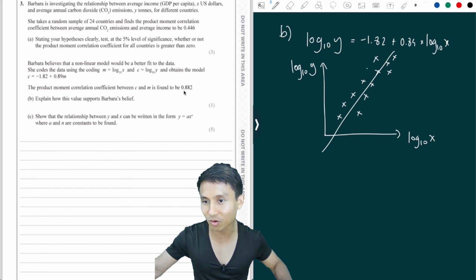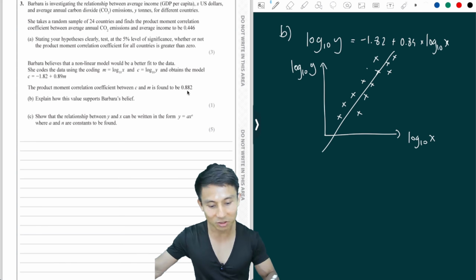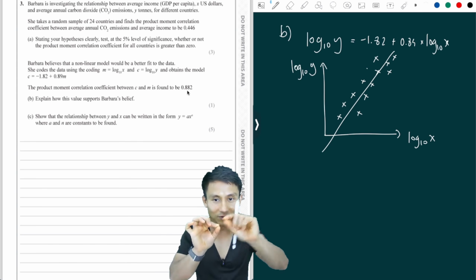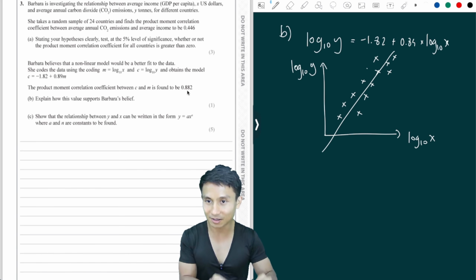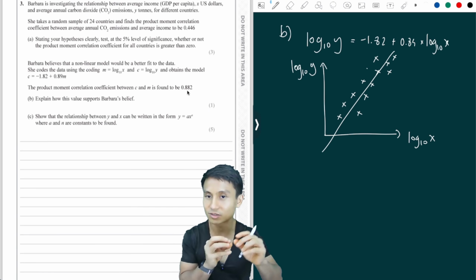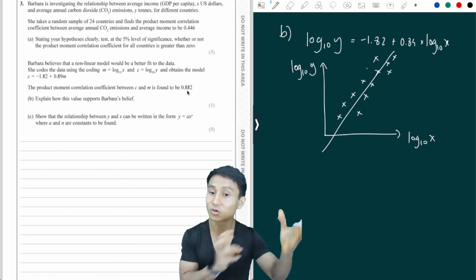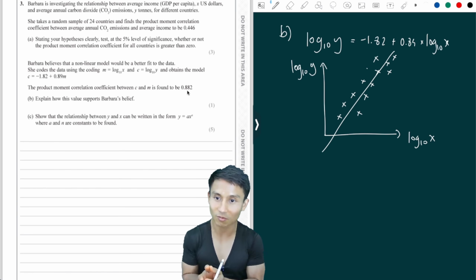And do you see that as the product moment correlation is quite good, this is a good positive correlation. So that means as the value is getting closer to 1, this regression model will have come from scattered data that is closer to a linear relationship between log base 10 of y and log base 10 of x.